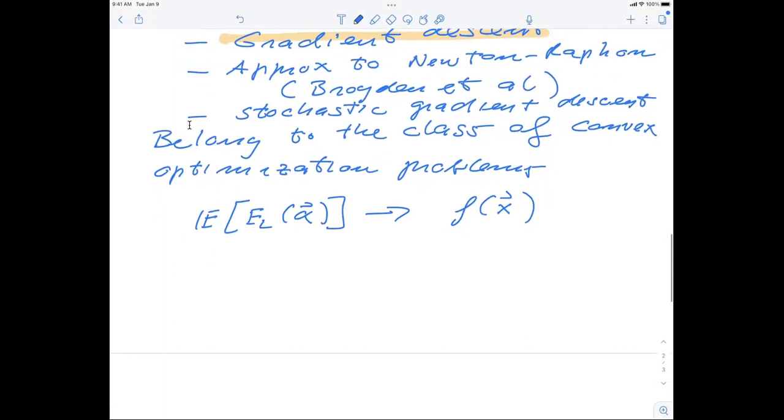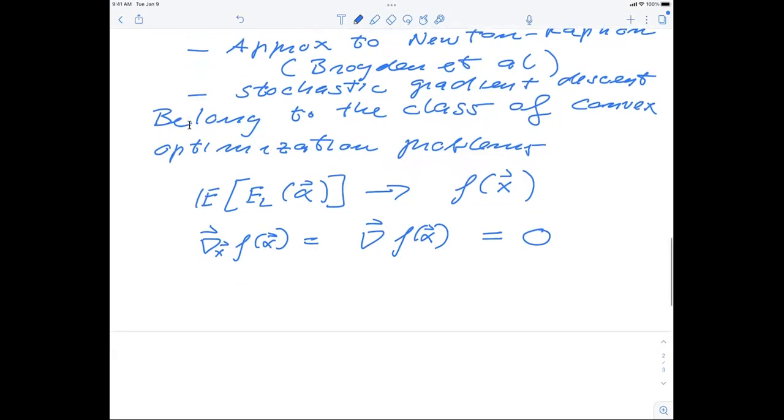And the derivative, or the gradient of this function f of x, I'm just going to refer to as the gradient of f of x. And what we want is this quantity to be equal to 0. That's the function which we want to optimize. So what we want then is actually the roots of this function here.